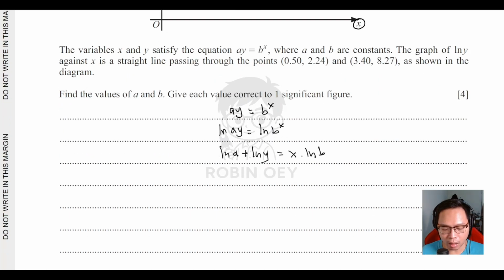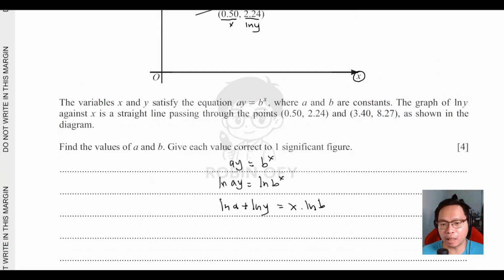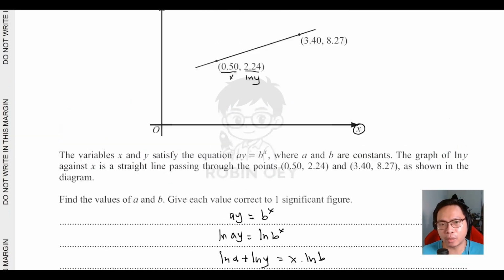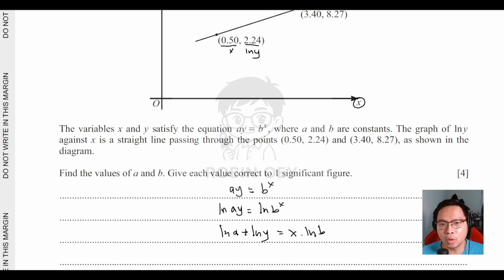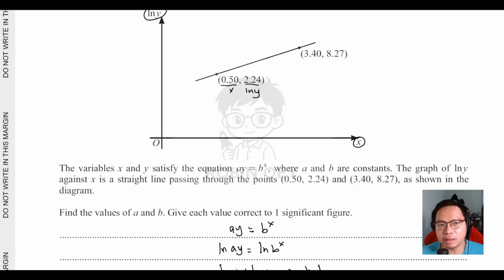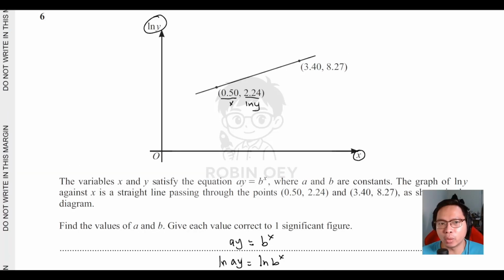Okay, so this is the part that I'm talking about. Here we have ln y, we have x. What often goes wrong is when we input 2.24 into the y, not ln y. So you don't have to put ln 2.24, because this is a graph of x to ln y.